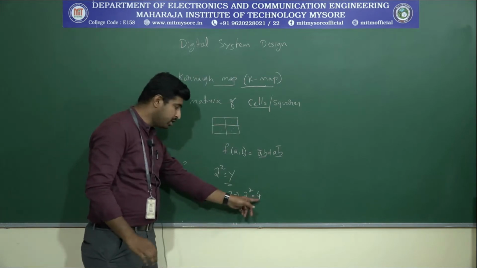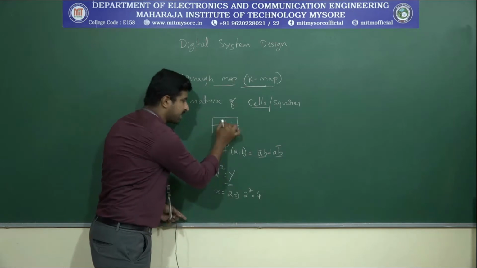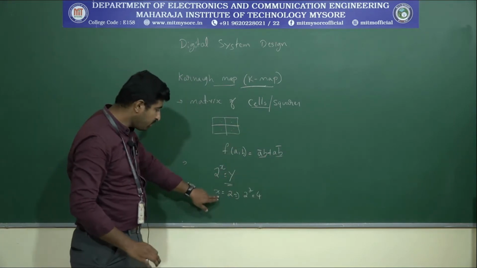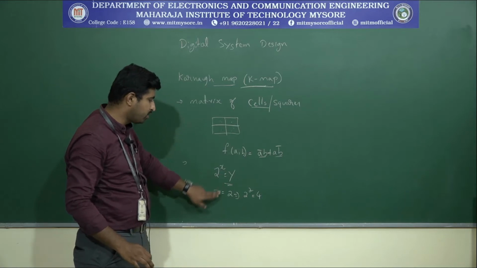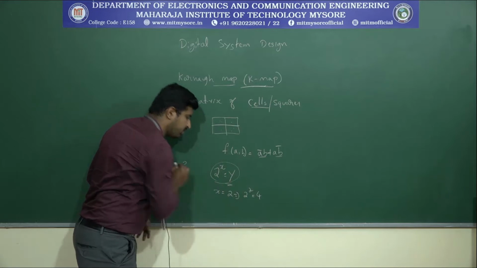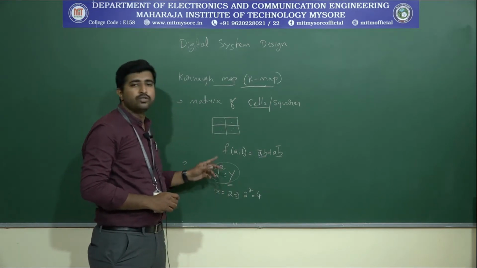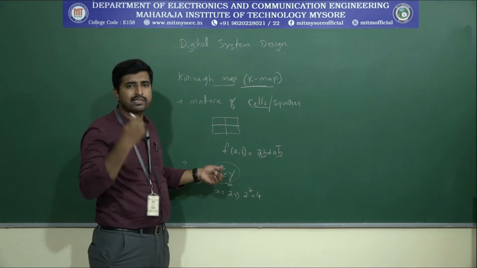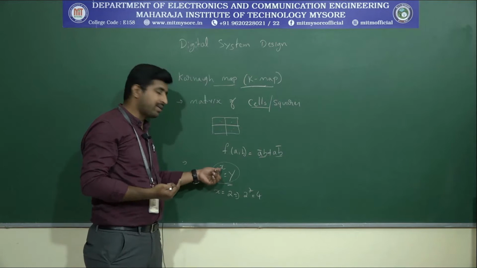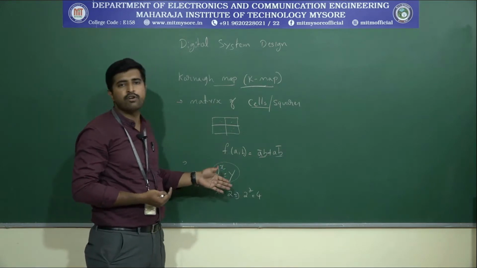Individually, each cell corresponds to a min term or a max term, so the number of cells depends on the x value. The same formula was used when constructing the truth table, so you can remember that. 2 to the power of x equals y: when constructing the truth table from the problem statement, x was the number of inputs and y was the number of combinations.